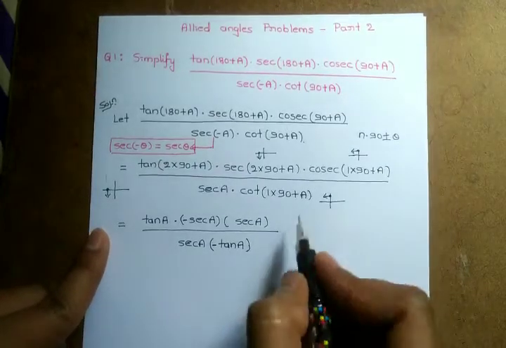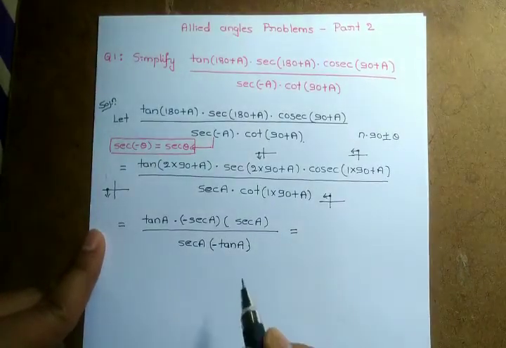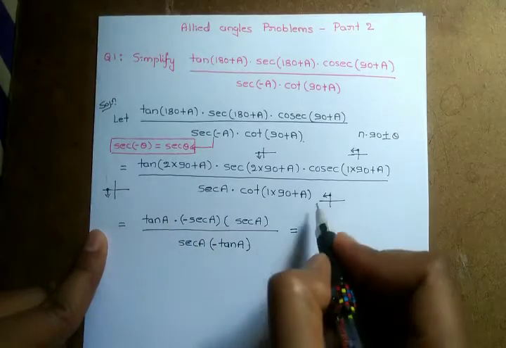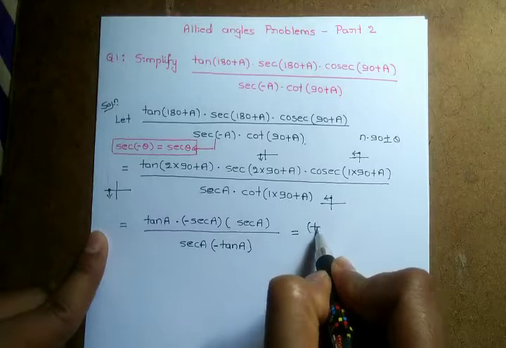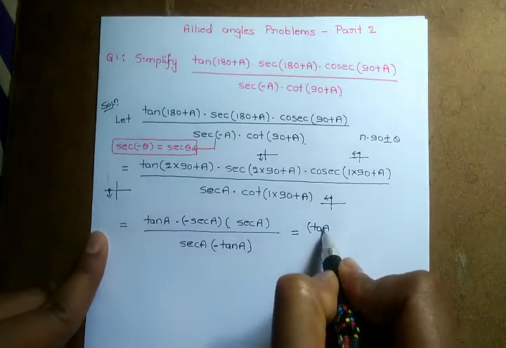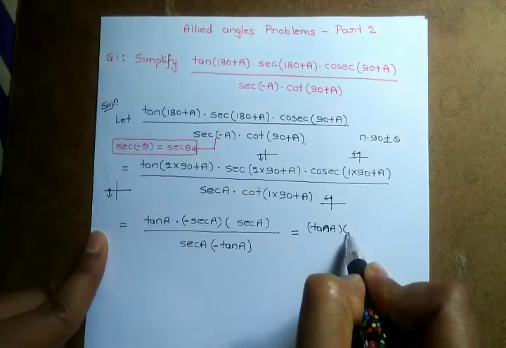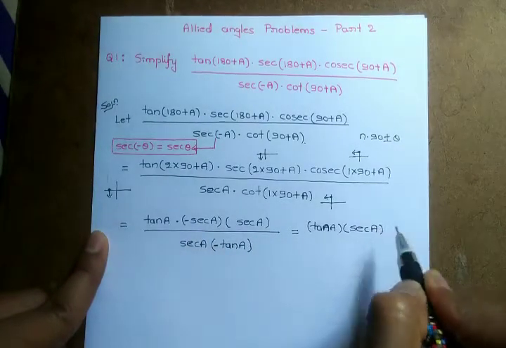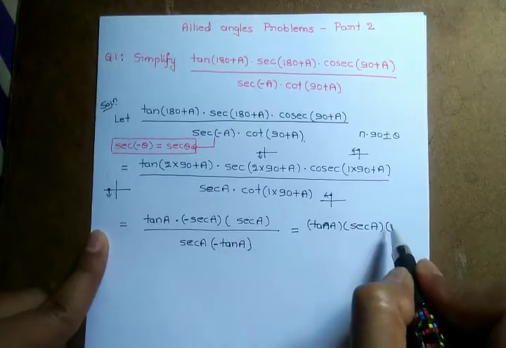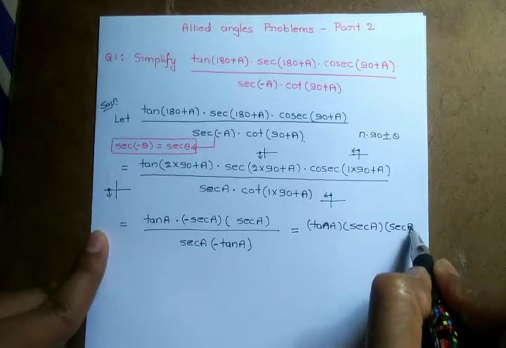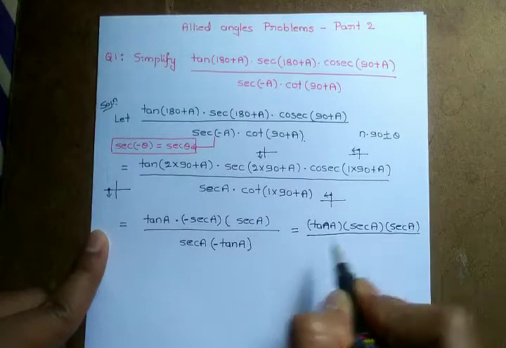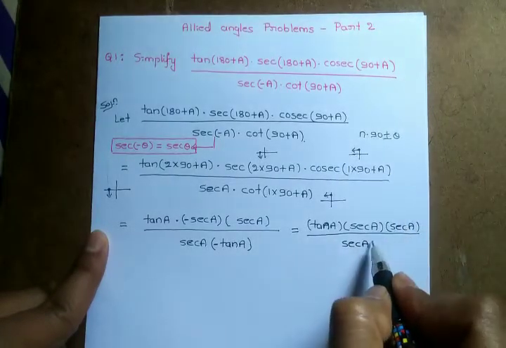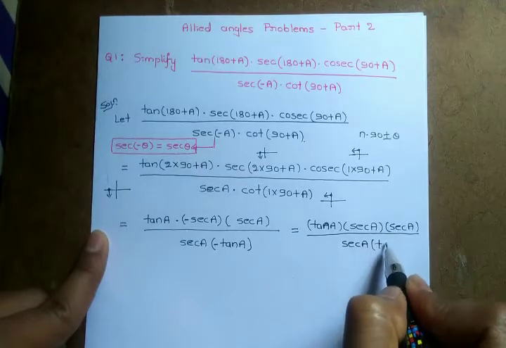Next, this is equal to, first minus divided by minus is plus. Therefore the remaining value is tan a into sec a into sec a, divided by the denominator sec a into tan a.